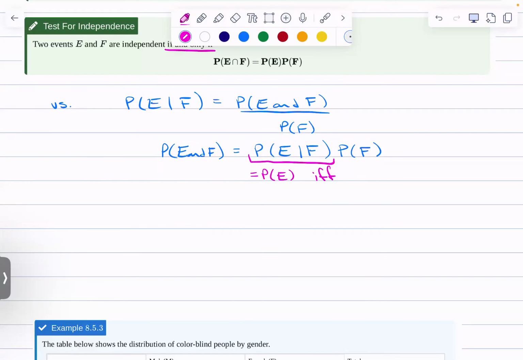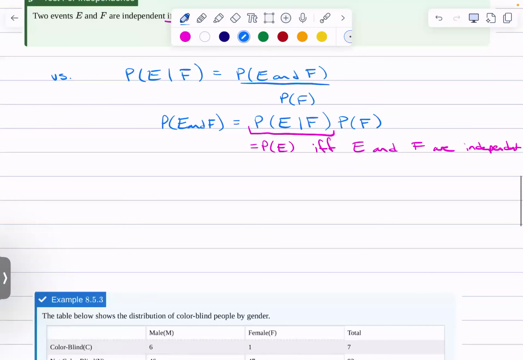How many F's can I throw in there? So the probability of E given F is equal to the probability of E if and only if E and F are independent, right, from before. Which means that if E and F are independent, then you can use the probability of E times the probability of F.